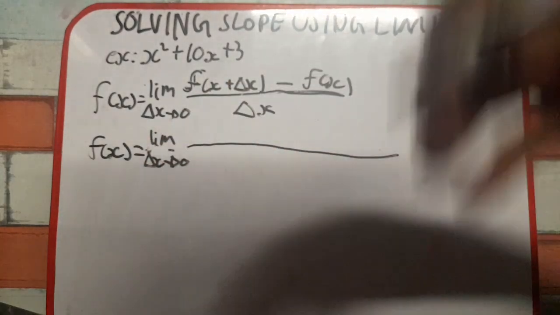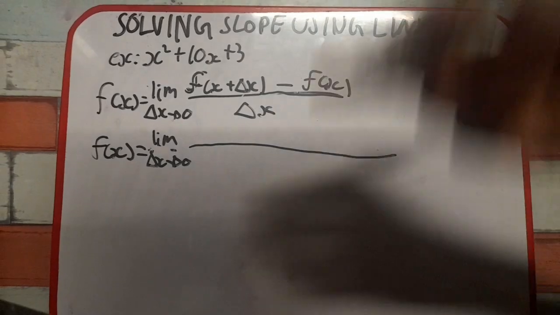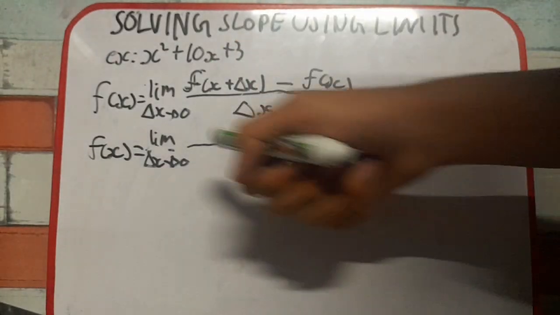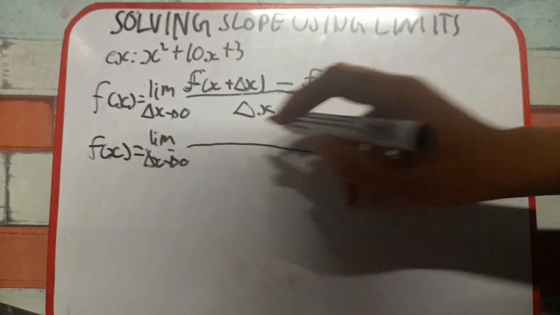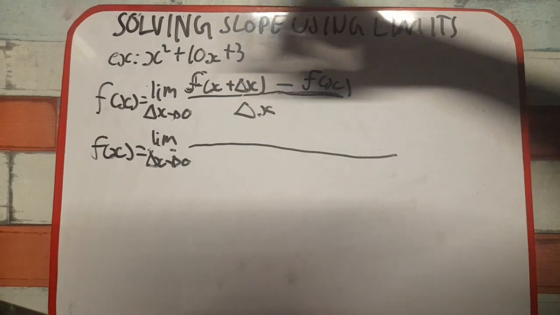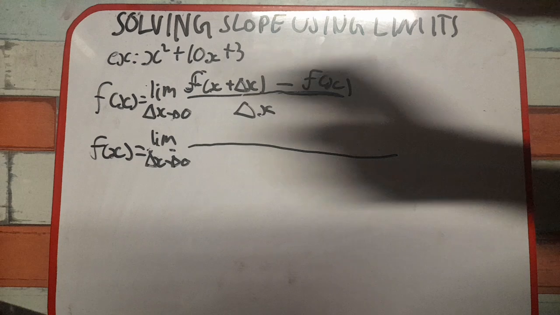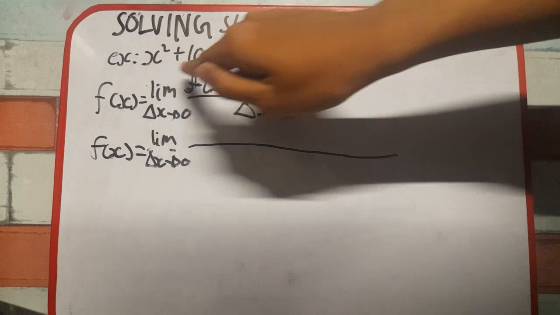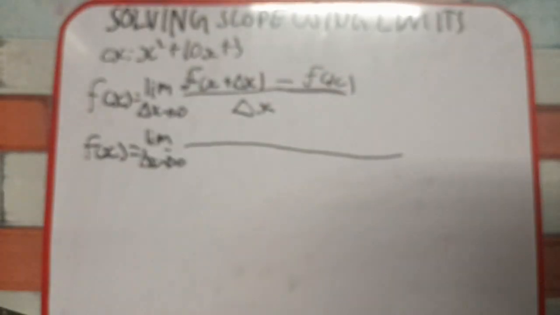So before we write those substitutions down, we gotta know about something here. In this part over here, this value x plus delta x, you're actually gonna put this value inside the x's that we find here. So if we write that down, it's gonna look like this.